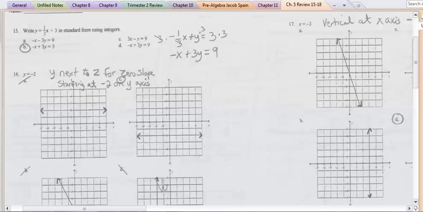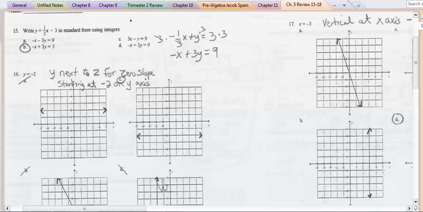Okay, so number 15, we are writing in standard form. You need to remember that it's ax plus by is equal to c. And it says using integers, that means get rid of the fractions. So I moved the x over to the other side to make it a negative 1/3.